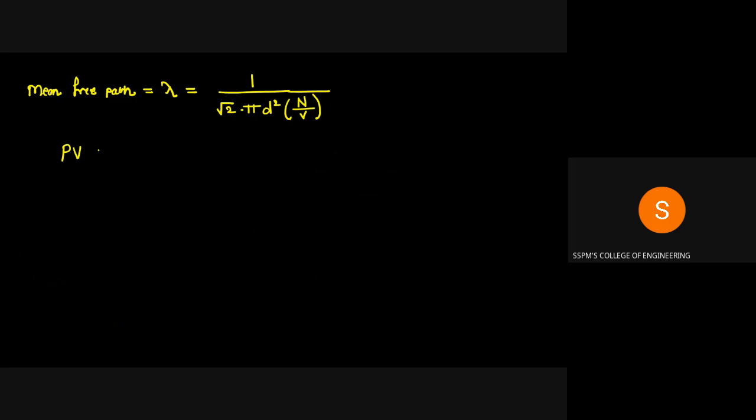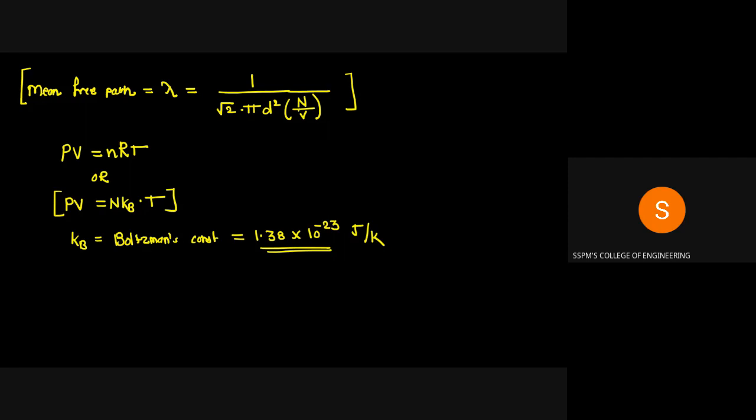So this is the equation for mean free path: lambda is equal to 1 upon square root 2 pi d square into n upon V, or density.